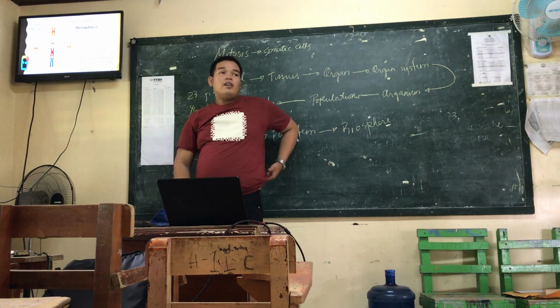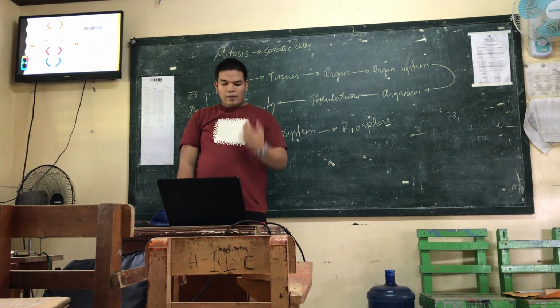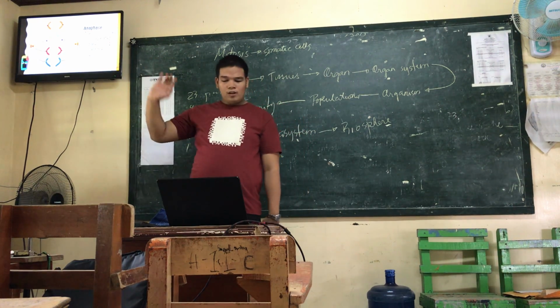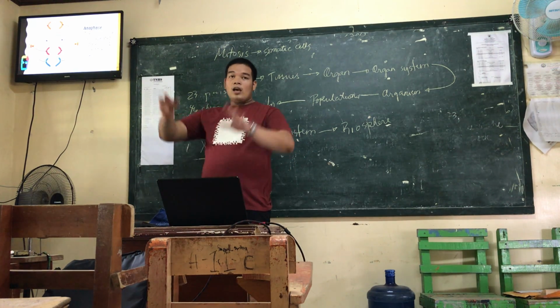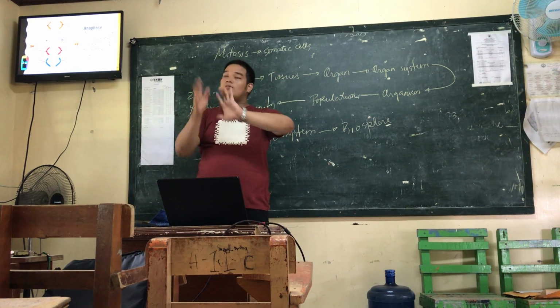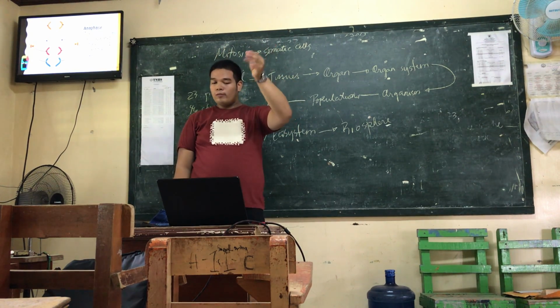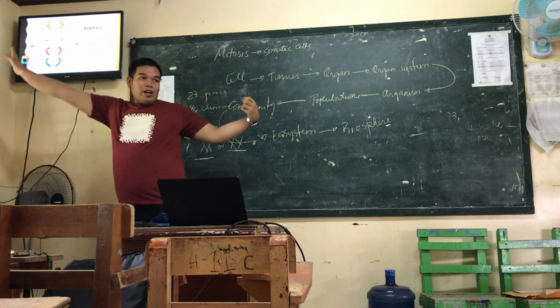Now what happens in the next process? The next process is the anaphase. In anaphase, the chromosomes have separated and are moving towards the poles. That means we have two sets of chromosomes. One chromosome of a pair is pulled back by spindle fibers on one side, while the other is pulled by spindle fibers on the other side.